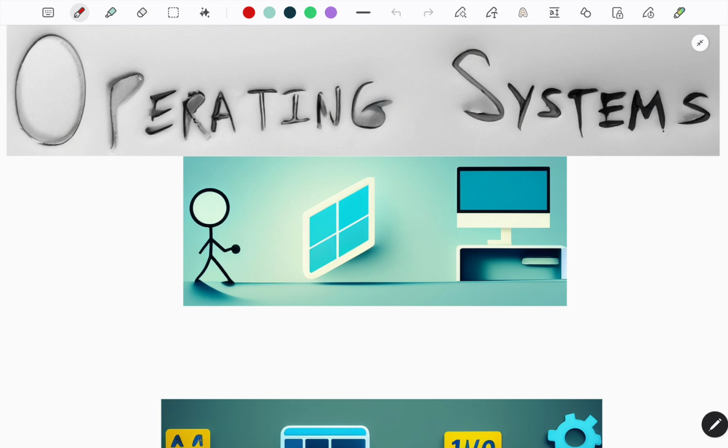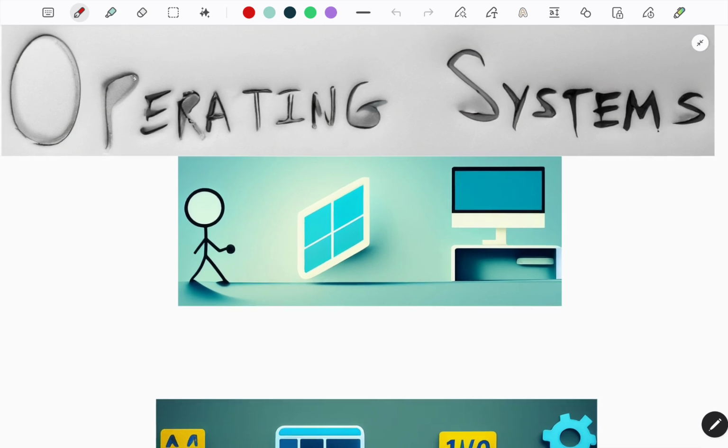Basically we have the hardware, I've discussed hardware, we have the input and output devices, and now this is the next part: how you are going to interact with this hardware. We have learned about the hardware over here.